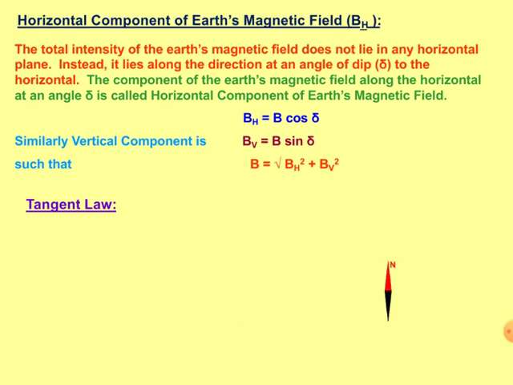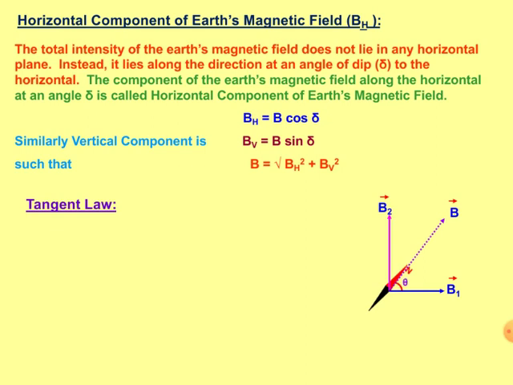Now if you have a compass needle placed inside two uniform magnetic fields which are mutually perpendicular to each other, what will happen? This is one of the uniform magnetic fields, denoted by B1, and another denoted by B2, perpendicular to each other.